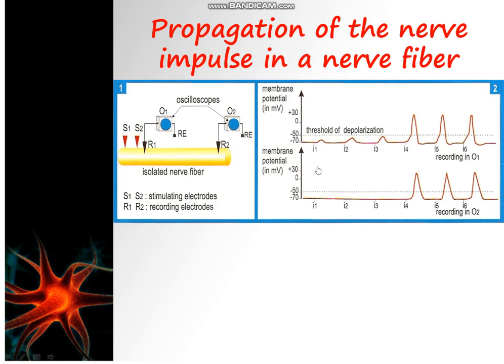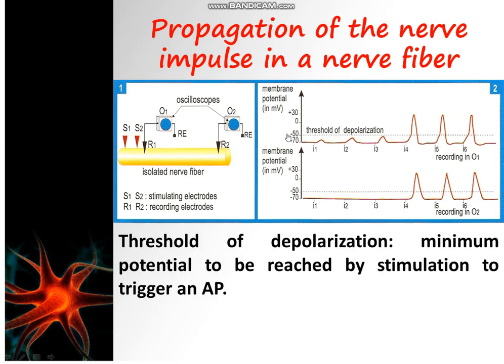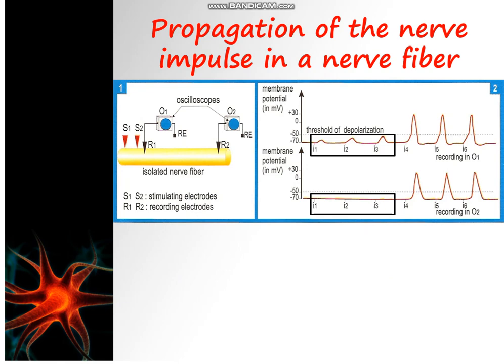What do we call this minimum? We call it the threshold of depolarization, and in our example, it is about minus 50 millivolt. So the definition of the threshold of depolarization is the minimum potential to be reached by stimulation to trigger an action potential.